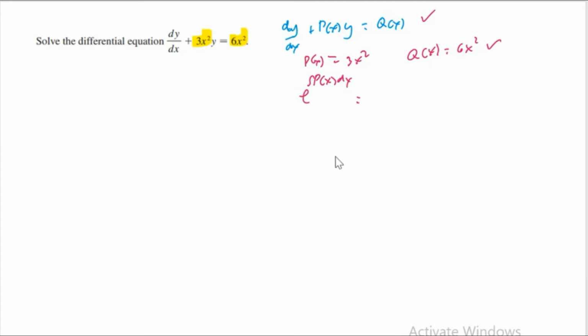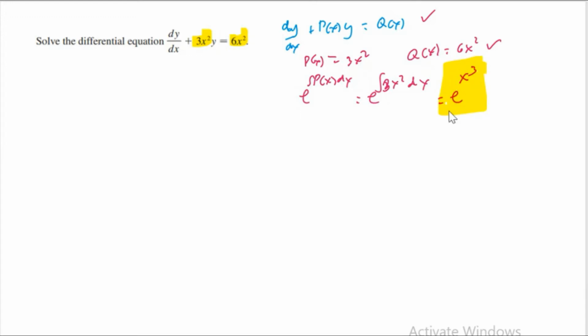By substitution, we have e raised to the integral of 3x squared dx. Integrating the exponent, the integral of 3x squared gives us x cubed, so we have e raised to x cubed. This is now the value of our integrating factor.